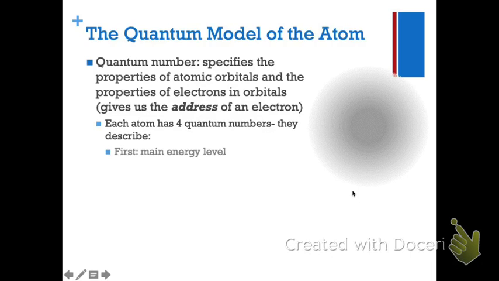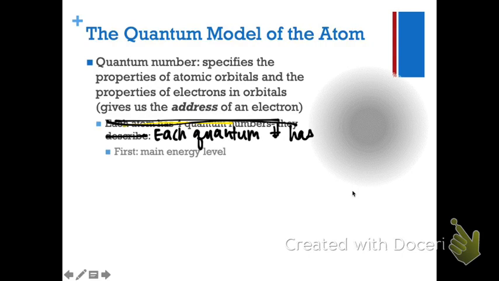I really want you to see this. I want it to say each quantum number has 4 parts. So I'm going to change that a little bit. Each quantum number has 4 parts.